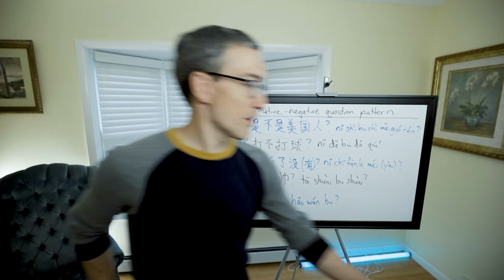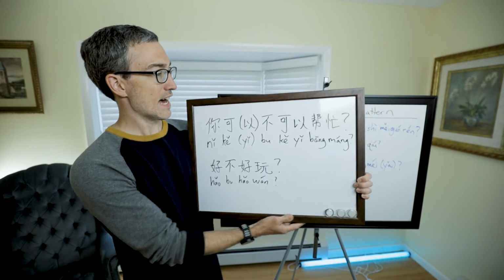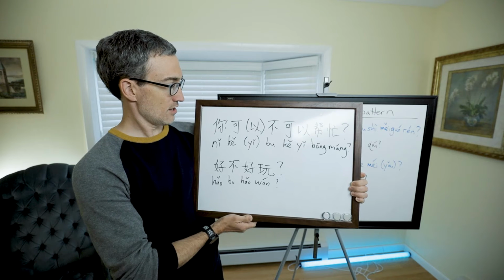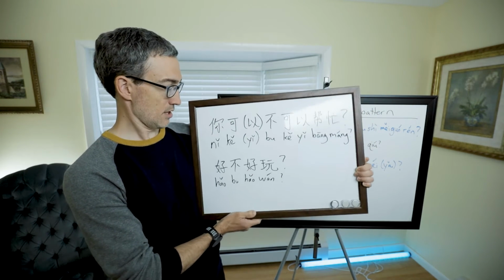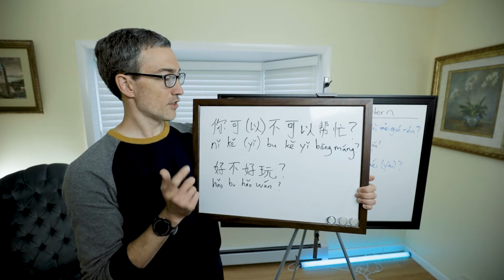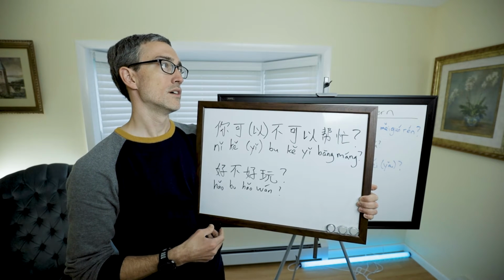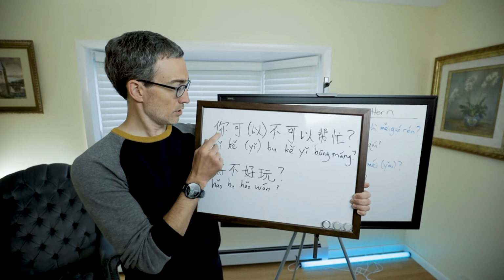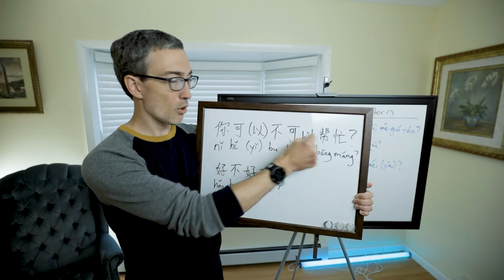And then I want to point out what you do when it's a two-syllable adjective or verb. There are two ways to go about it. You can do the whole thing, 不 whole thing.